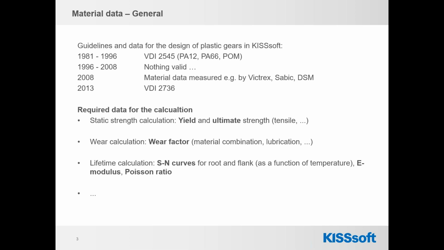Optionally, we can add wear factors for different material combinations, and if you want to calculate lifetime fatigue safety factors for the root and flank, we need the SN curves, also as a function of temperature. These SN curves are the most difficult to obtain. A few words about this will also be in the Plastics Manager section.